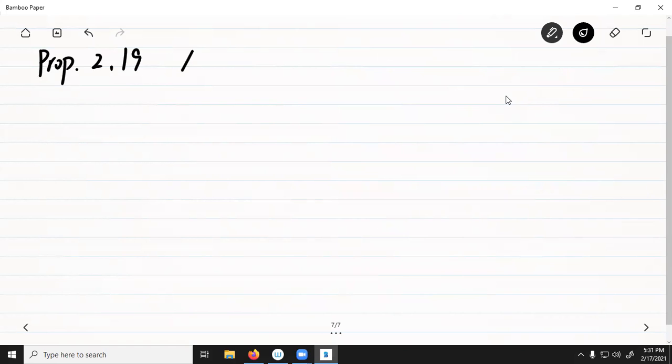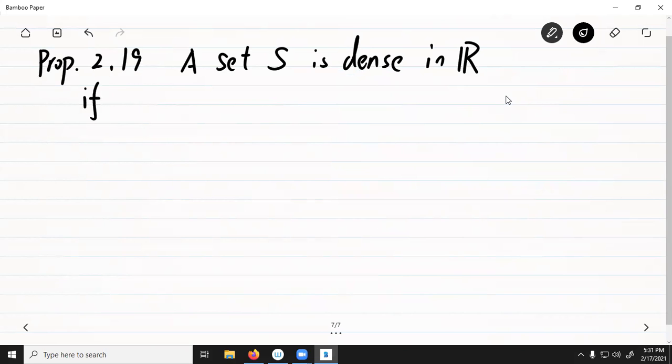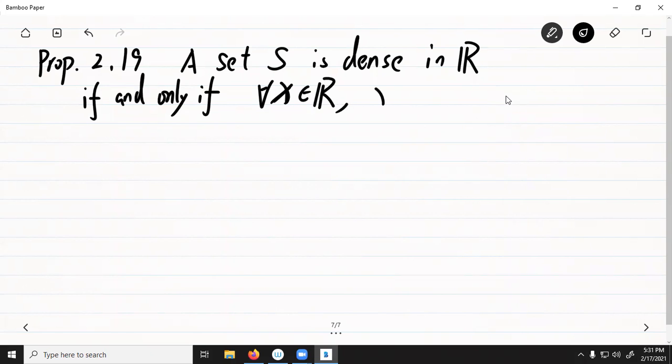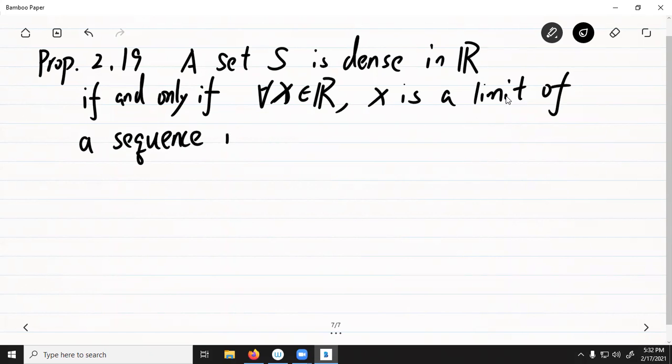We say the set S is dense in R if and only if for any real number x, x is a limit of a sequence in S.